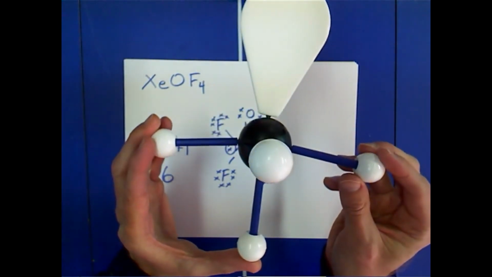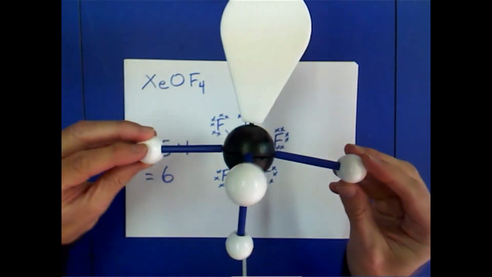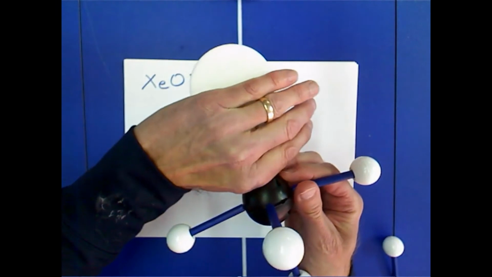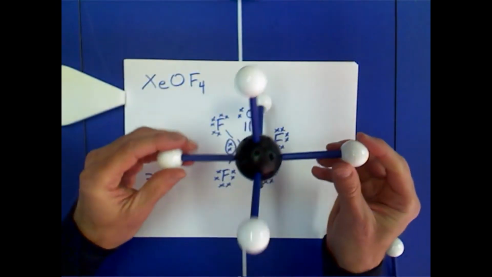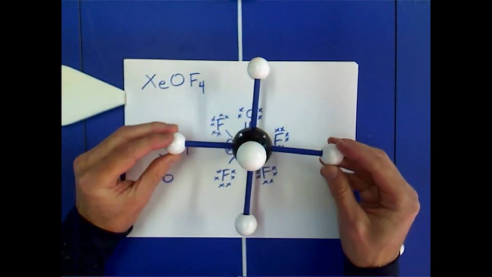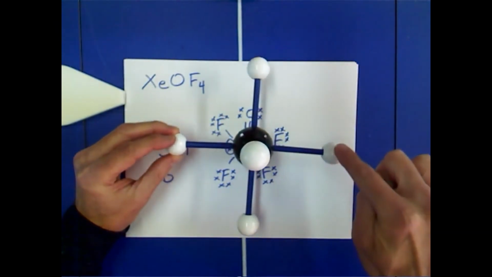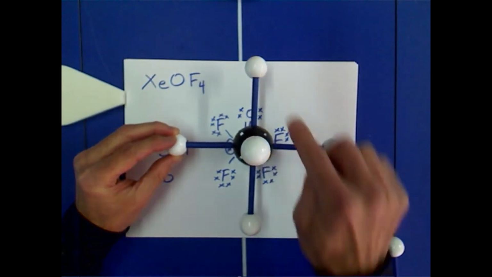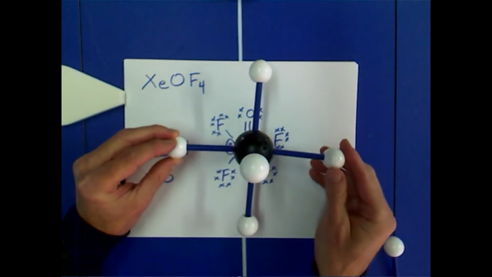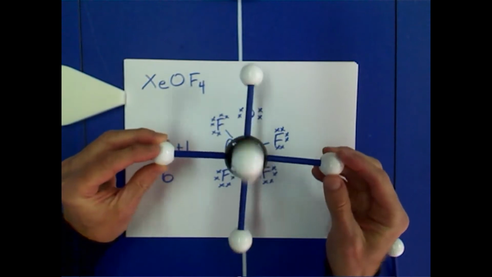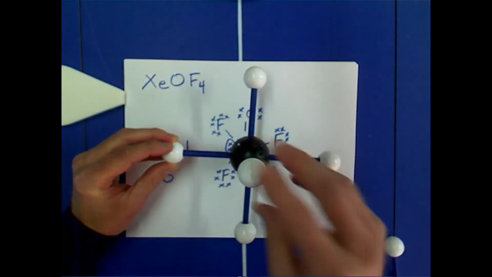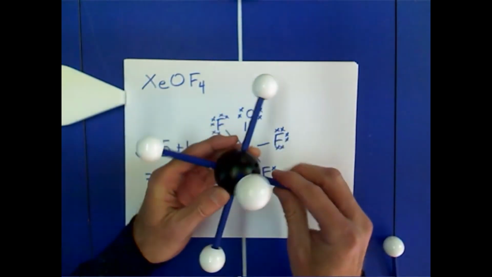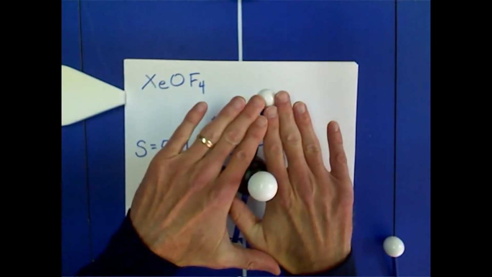Now, if we want to describe the molecular structure of xenon oxytetrafluoride, remember we're going to ignore the lone pair and just look at the structure that's left. These 4 atoms here and the central xenon are all going to lie pretty much in the same plane. Keep in mind there's a little bit of bend to these 4 atoms. And then this particular atom up here is sitting up above the plane of the other 5 atoms that are in this plane of my hand right now.